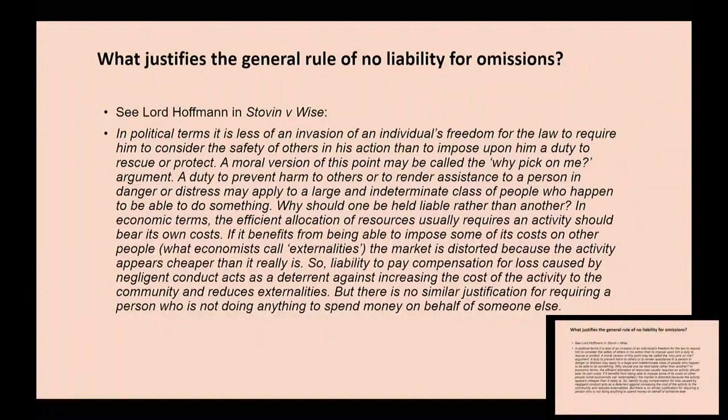So liability to pay compensation for loss caused by negligent conduct acts as a deterrent against increasing the cost of the activity to the community and reduces externalities. But there is no similar justification for requiring a person who is not doing anything to spend money on behalf of someone else. And we can look at these 3 reasons, the political, the moral, and the economic.